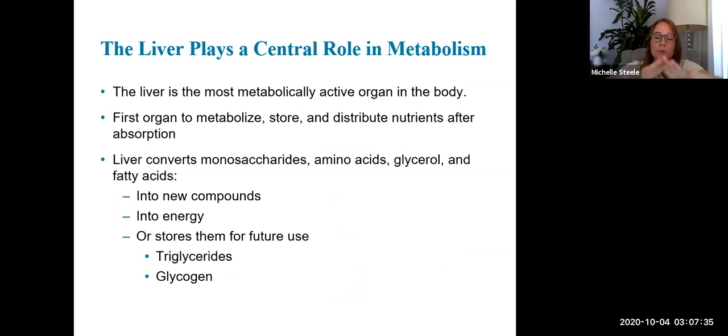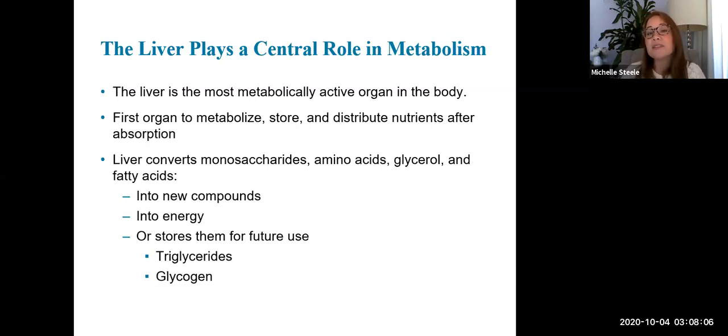Now let's move away from the cell. Now we're looking at the larger tissues and organs in our body. We have the liver, which plays a very central role, as we've been learning, with the management of each energy yielding macronutrient that we consume. When we're consuming carbohydrates, fats, and proteins, they get broken down and eventually absorbed and make their way to that liver.